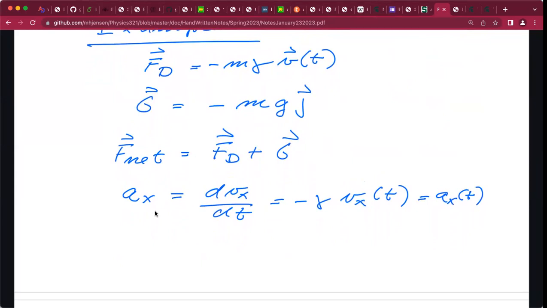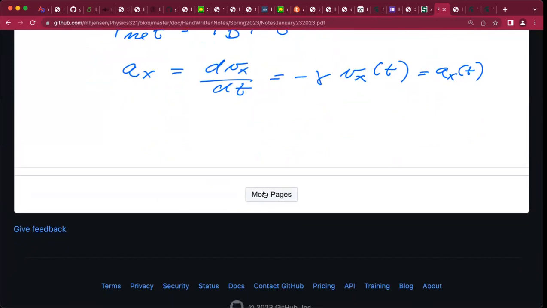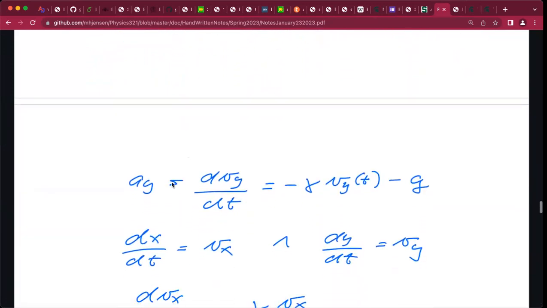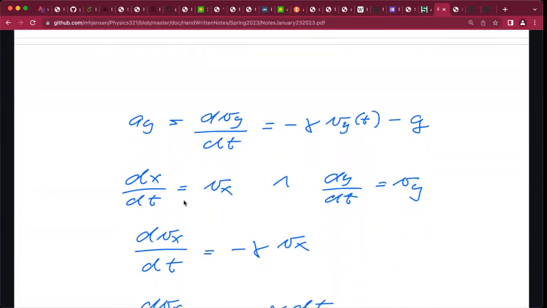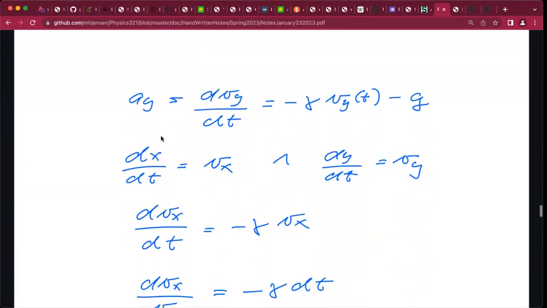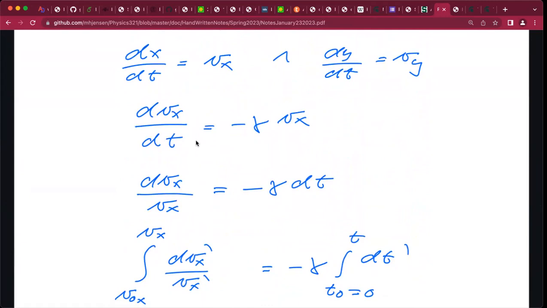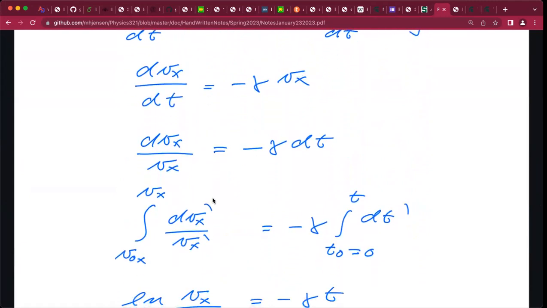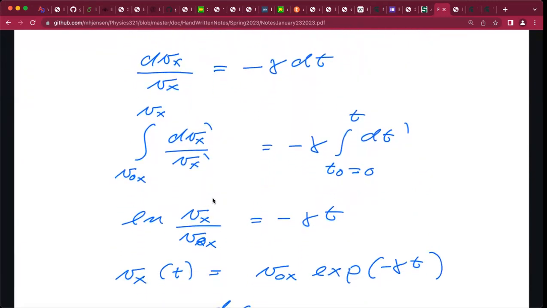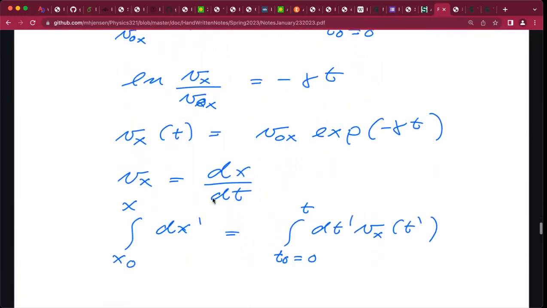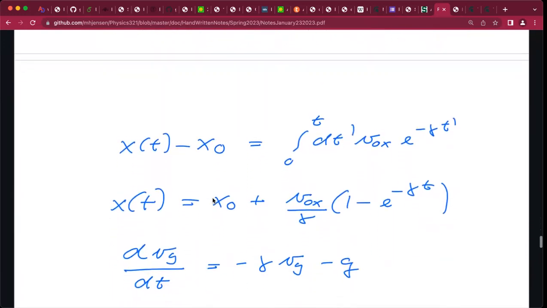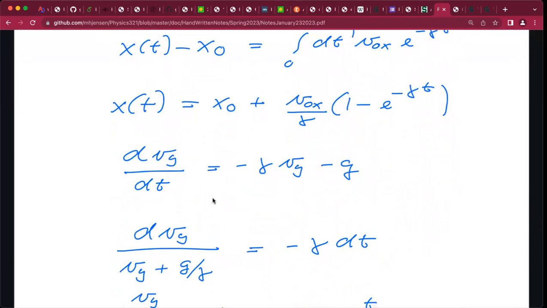So we have the acceleration in the x direction, and then we would have the acceleration in the y direction, and then we would simply integrate up acceleration in the 2 directions as we did last time, and then we would find an analytical expression for the velocity in the x direction, and similarly we would find an analytical expression for the velocity in the y direction.